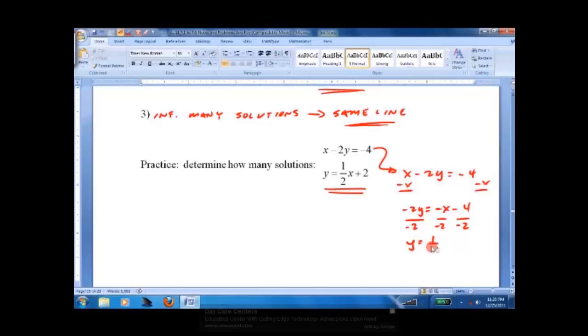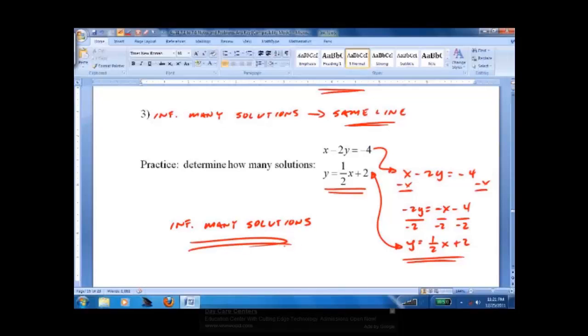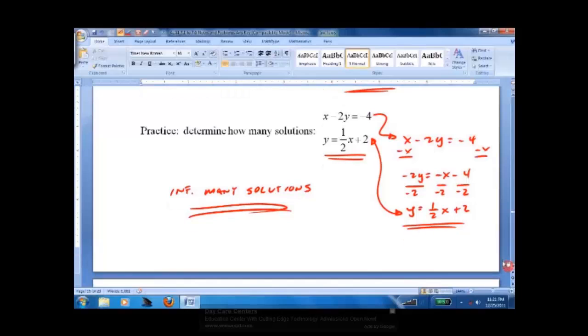Y equals 1/2 x plus 2. Same line. Same problem we just did, actually. So, infinitely many solutions. Notice I didn't say find any of those solutions. I just said how many they're going to be. And it turns out there's an infinite number of them.